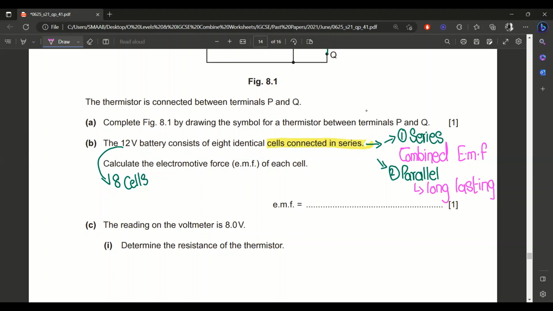So what we need to do? We have to combine the EMF. So basically, there is a battery of 12 volt, which is made up of 8 cells, right?